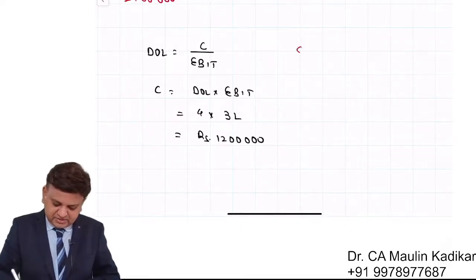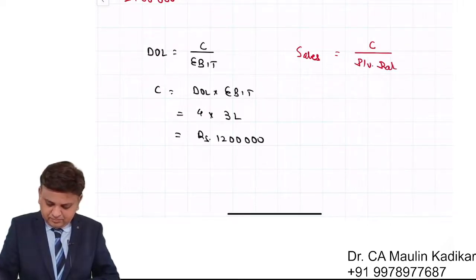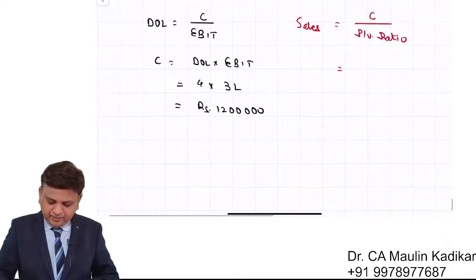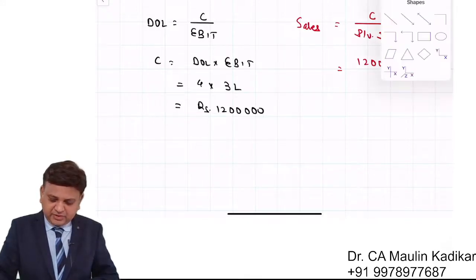Then sales is contribution upon PV ratio. Contribution is 12 lakhs, divided by profit volume ratio of 40%.